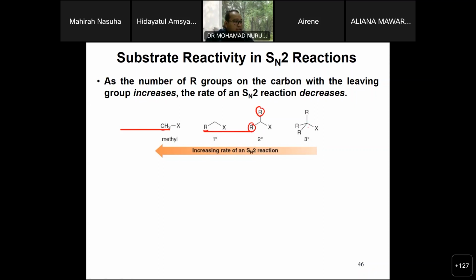Meanwhile, tertiary doesn't really get involved in SN2 reaction. This is very important. So this one is reactive. This one is non-reactive.